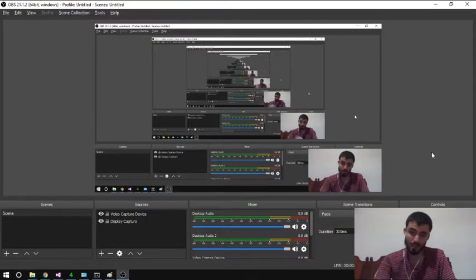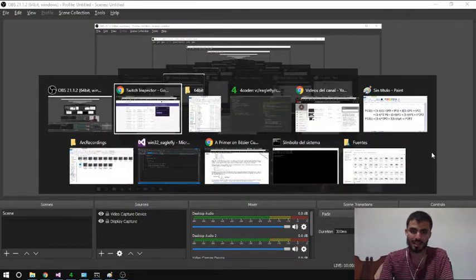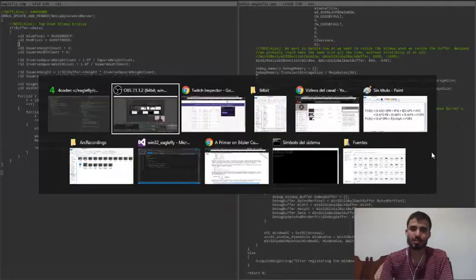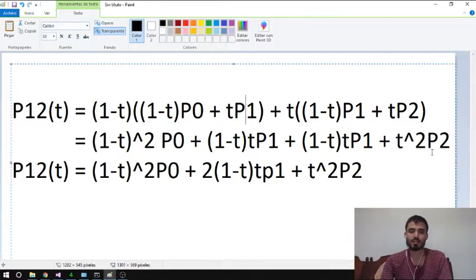Okay, so let's go back to where we were. The last thing we left off on was that we solved this. Actually, I already have it here. We were solving the Bezier curve equation for quadratics, which is this one.